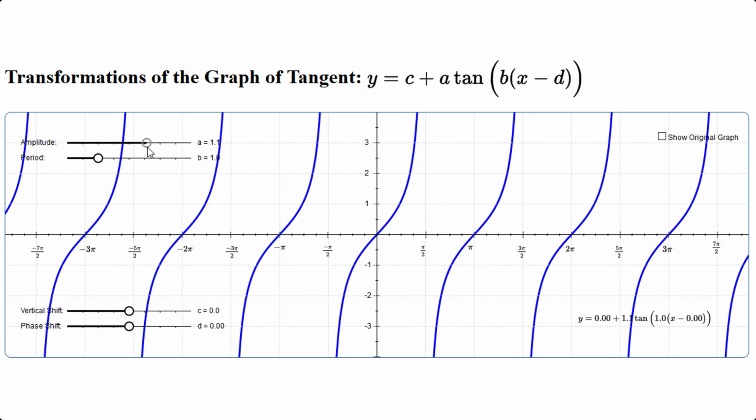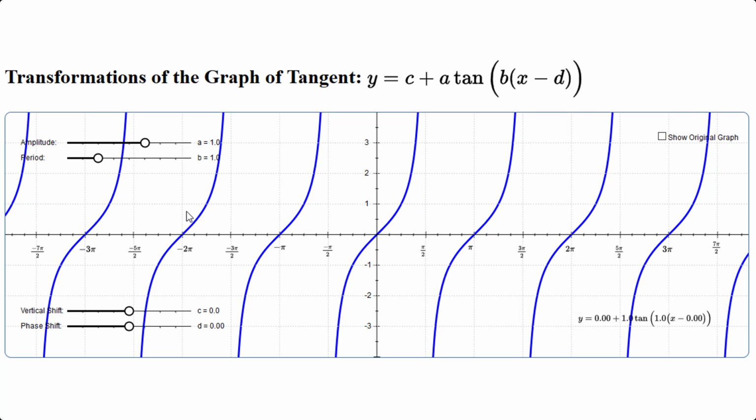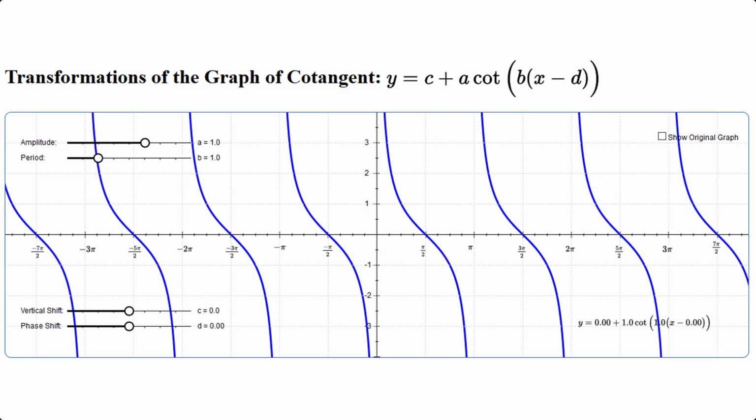Now, when it comes to drawing these, it's actually very difficult to express accurately changes in amplitude or changes in vertical shift. A lot of times the problems you're working only involve period changes and phase shift, because those are the most visible ones with tangent and cotangent as well. So let's look at the graph of cotangent, and you'll notice things are basically the same as with tangent.